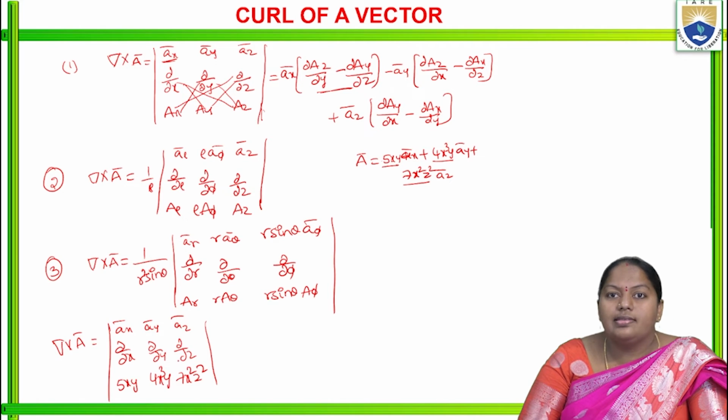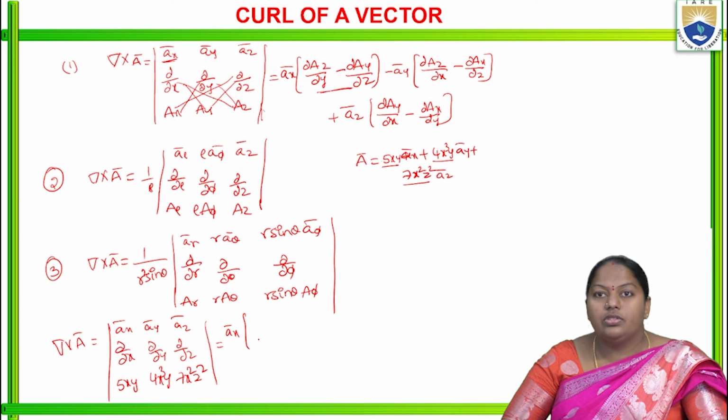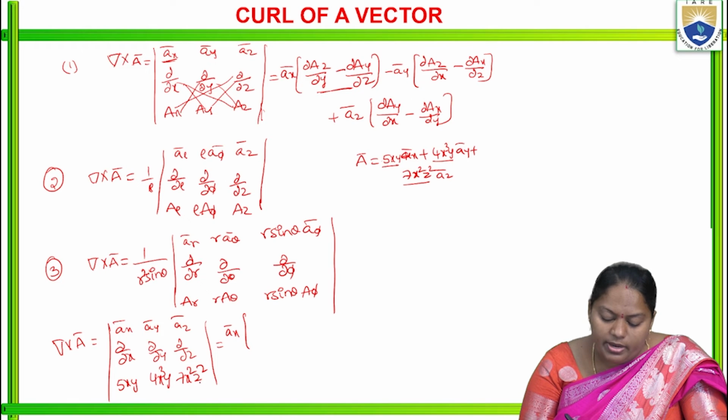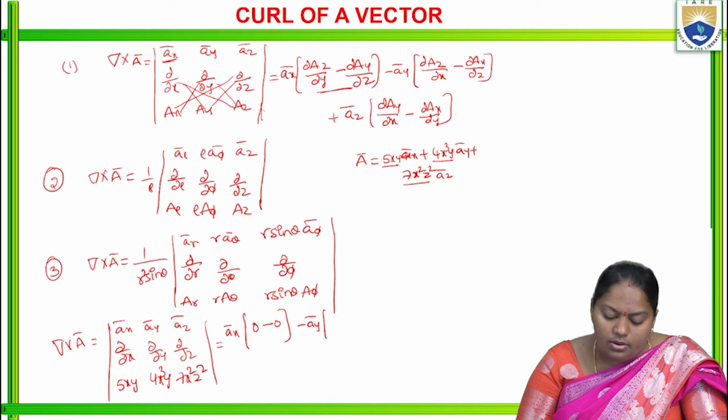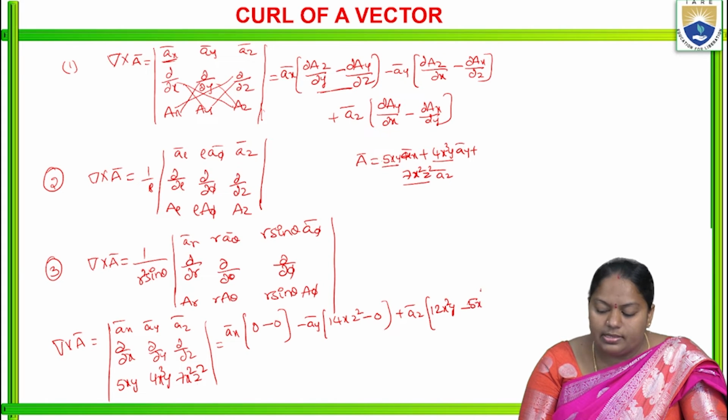Which is equal to ax into dou by dou y of 7x square z square, which is 0, minus dou by dou z of 4x cube y, also 0. Minus ay into dou by dou x of 7x square z square, which is 14x z square, minus dou by dou z of 5xy, which is 0. Then plus az into dou by dou x of 4x cube y, which is 12x square y, minus dou by dou y of 5xy, which is 5x.